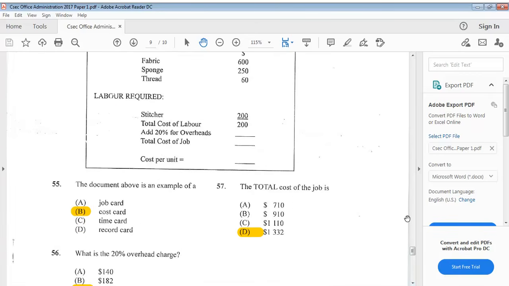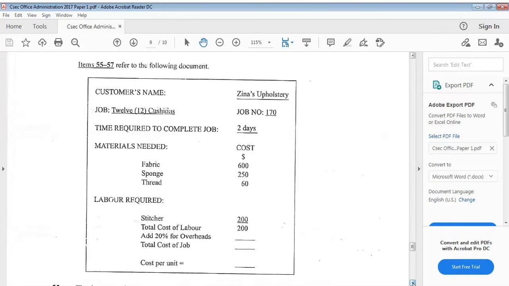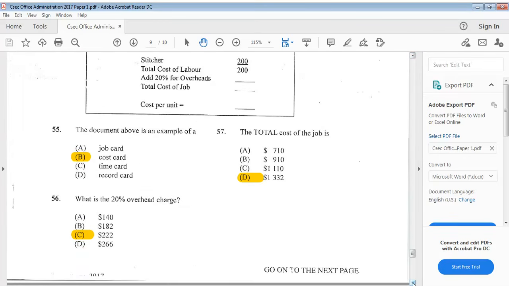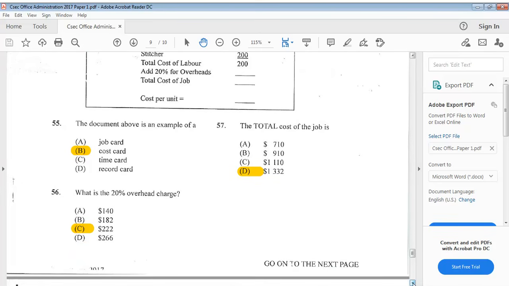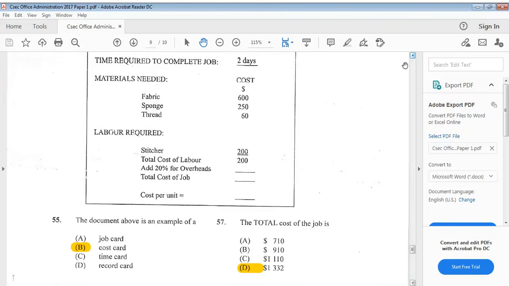So we have a document here for items number 55 to 57. It says the document above is an example of a... we know this is a job card.